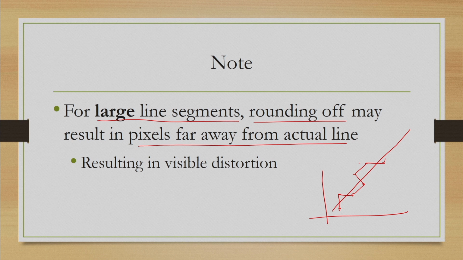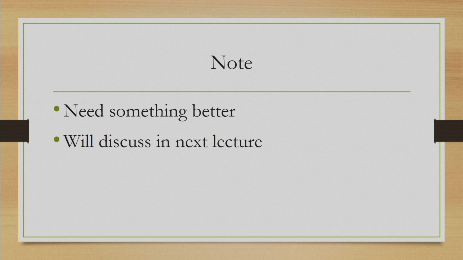For small segments, this may not be the case, but for large line segments, there is a possibility of visible distortion, which of course we do not want. That is one problem, of course, plus our ultimate objective is to remove all floating point operations, because along with this distortion they also increase the time to render a line segment and also require resources. So, we need a better solution than what is provided by DDA.